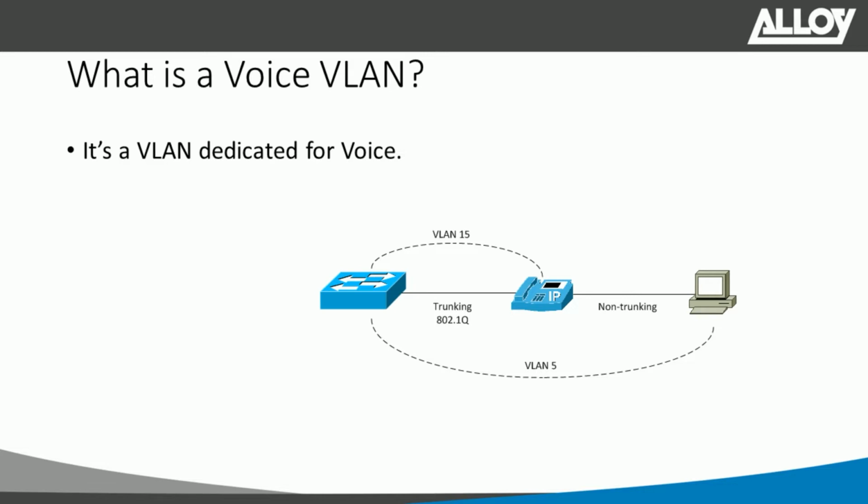All right, so just the basics. What is a voice VLAN? It's essentially just a VLAN for voice. The more technical term is it's a separate VLAN, which is a virtual local area network that is specifically allocated for the user's voice data streams.